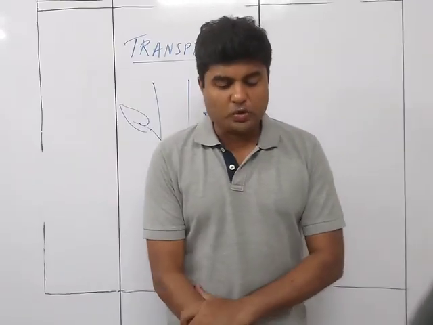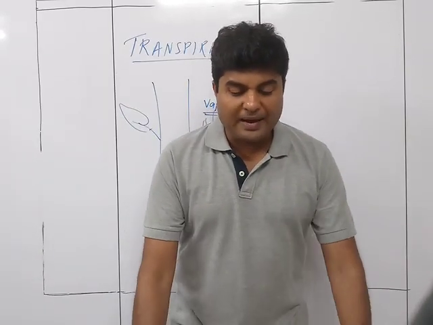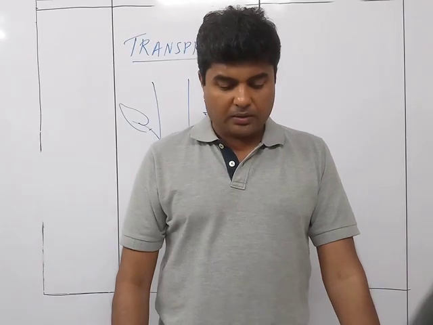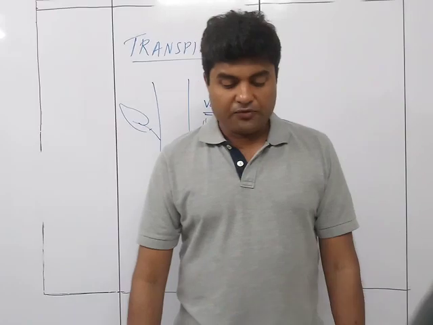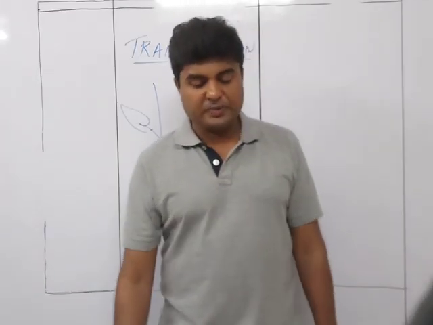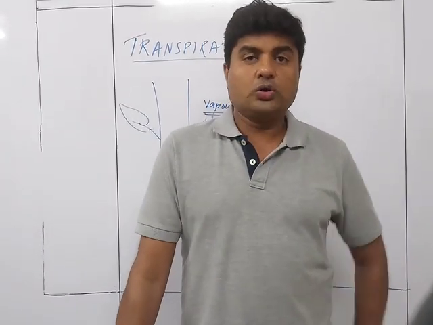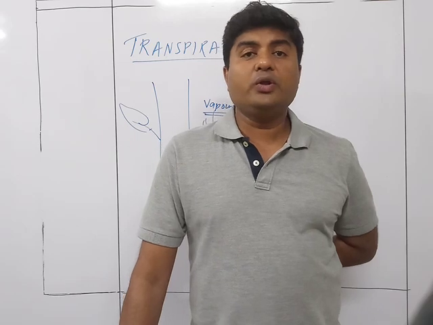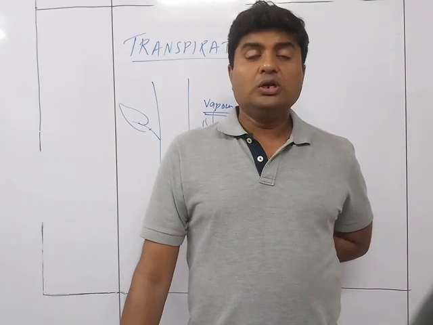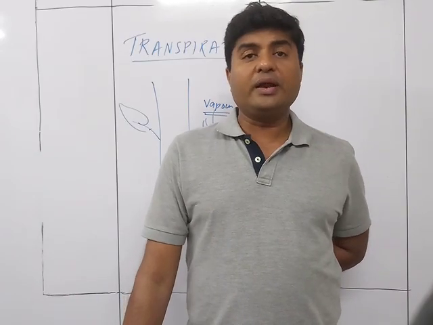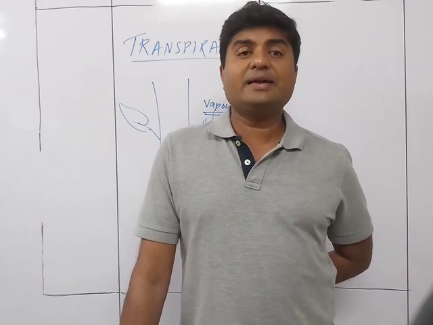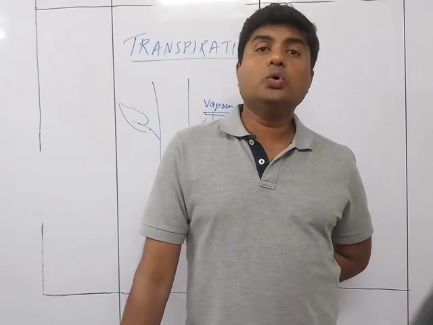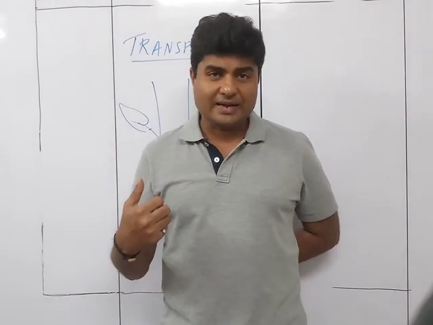This is because the stomata remain open to allow the inward diffusion of carbon dioxide for photosynthesis. During night time, the stomata are closed and hence transpiration hardly occurs. So here the sunlight is used for photosynthesis. During the daytime, when photosynthesis is taking place, the stomata open up to allow carbon dioxide to come inside.